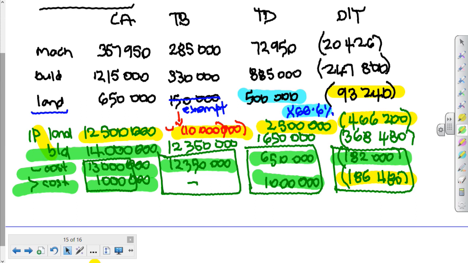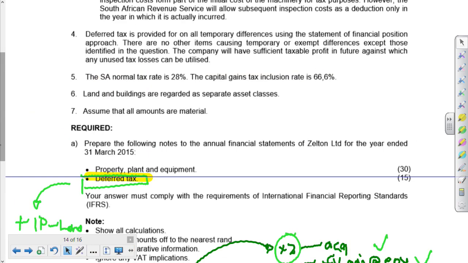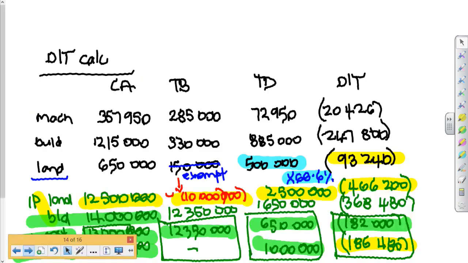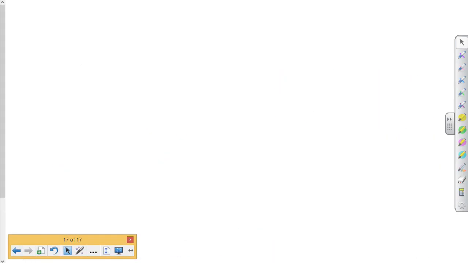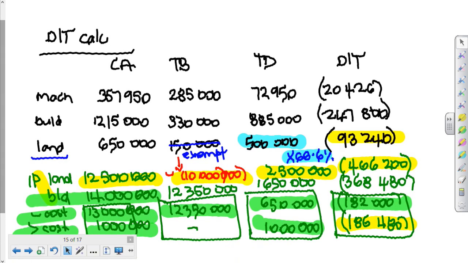In your deferred tax, they didn't ask you for the calculation, if you recall. What they asked you for was the deferred tax note. You're going to prepare a deferred tax note. That note is basically just going to say: machinery, buildings, land, investment property, land, investment property, building.